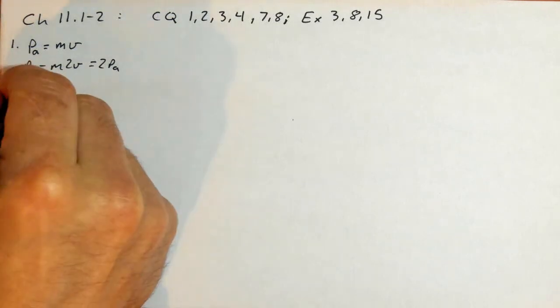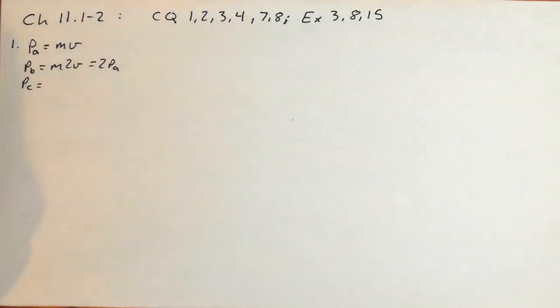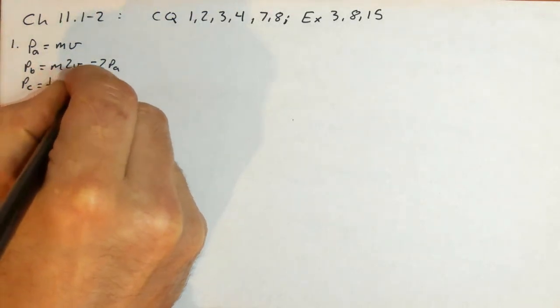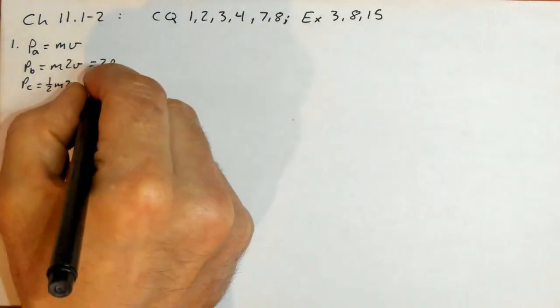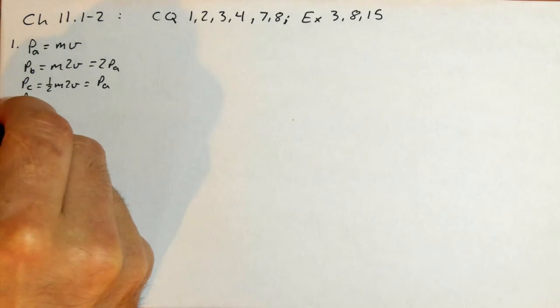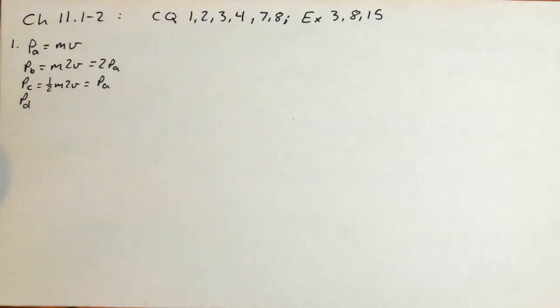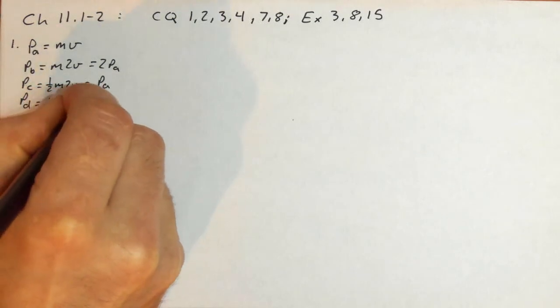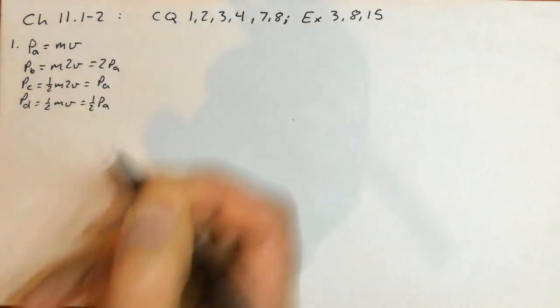Okay, as you do, PC is half the mass and twice the speed. So we have 1/2 m 2v, which gives us the original momentum. What about PD? It is half the mass and the original speed. It gives us 1/2 PA.